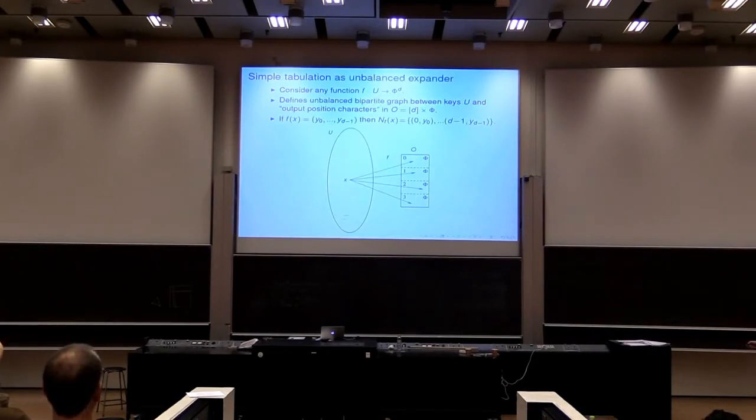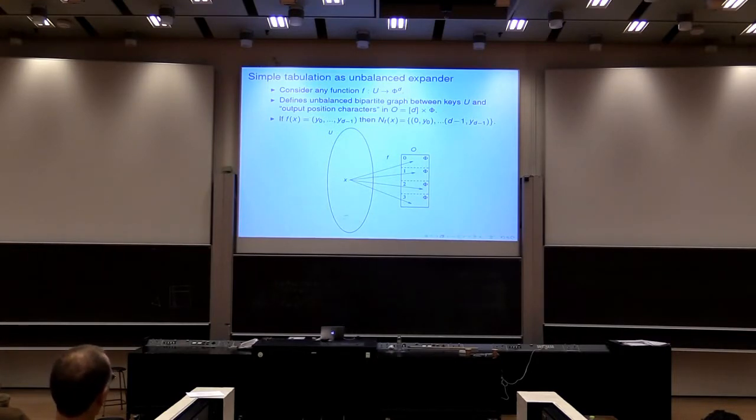So where do I see this unbalanced expander? It doesn't have to be simple tabulation, we just think of any function that maps the keys into D characters. We can think of any hash function's hash value this way. Normally with simple tabulation we talk of the key as being divided into characters, but we can also talk about the output hash values as being divided into, say, 8 characters.